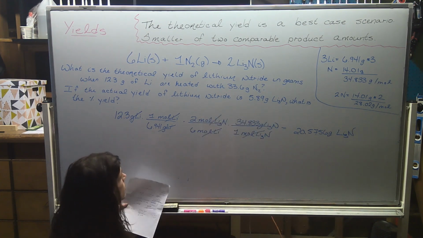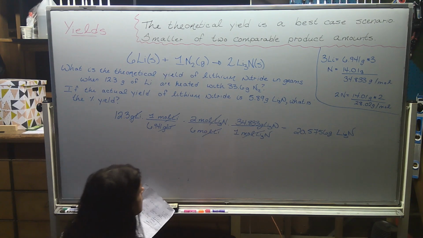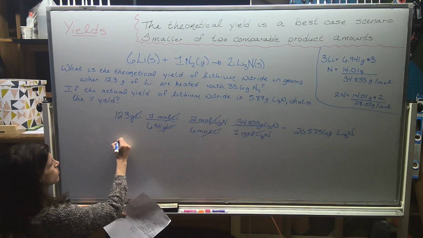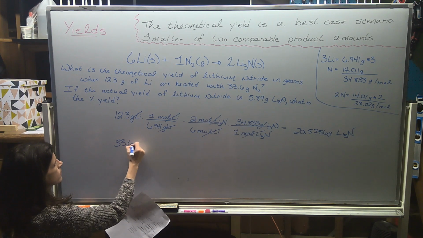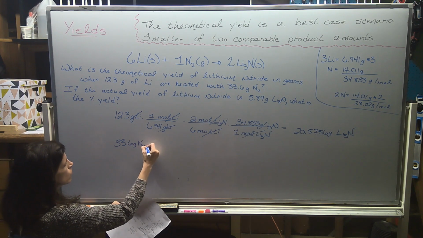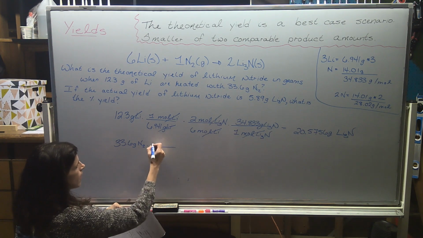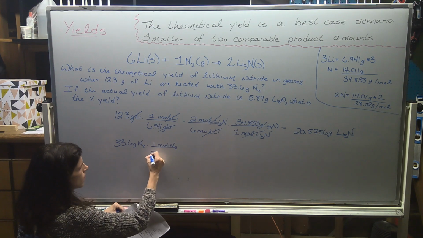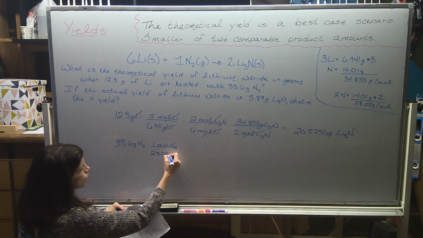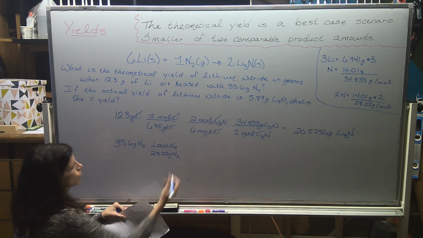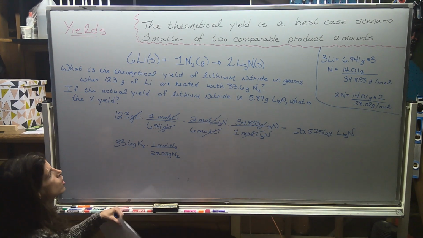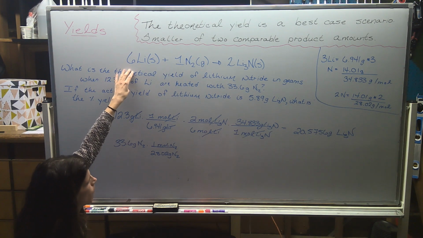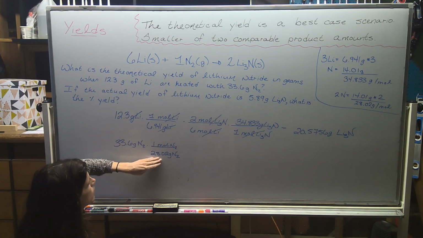And now I have to repeat with the nitrogen gas. Remember, we always have to analyze both reactants. So I'm going to do 33.6 grams of N2. It's diatomic, so I'm going to put 28.02 grams of N2 in the denominator. Also, again, to remind you all, I don't worry about the coefficients when I'm calculating the molar mass.